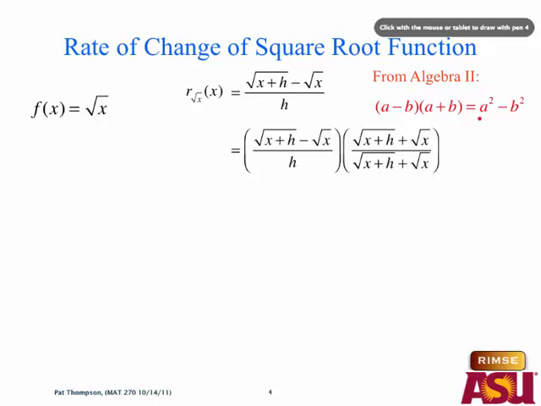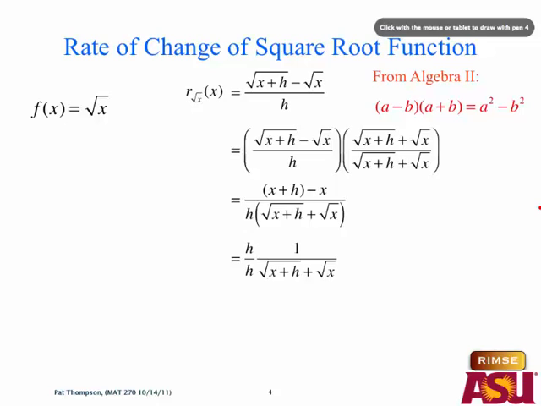It works because it gives us a squared minus b squared, and that'll get rid of these square roots. So the numerator becomes x plus h minus x, and the denominator just multiplies out. So we get h over h is 1. And when h gets small, it's essentially 1 over square root of x plus square root of x, or 1 over 2 square root of x is the rate of change.